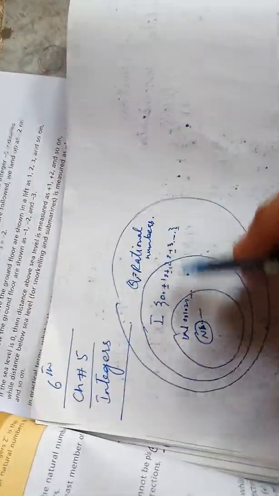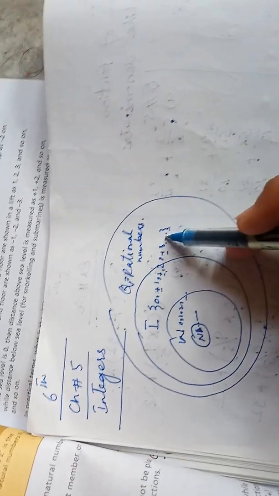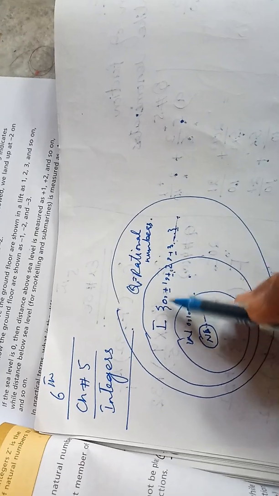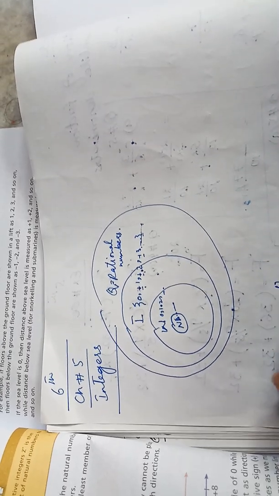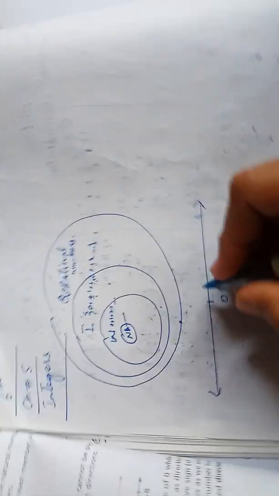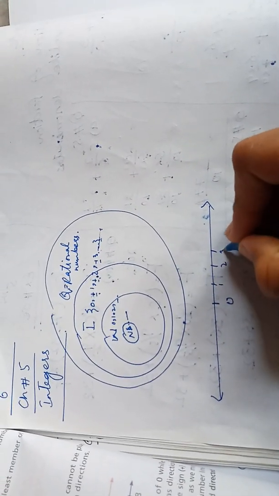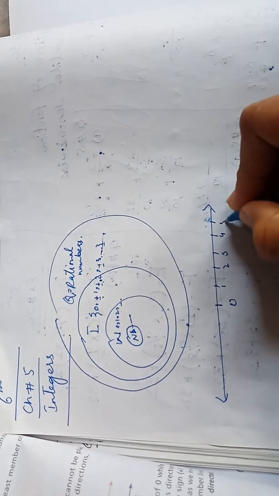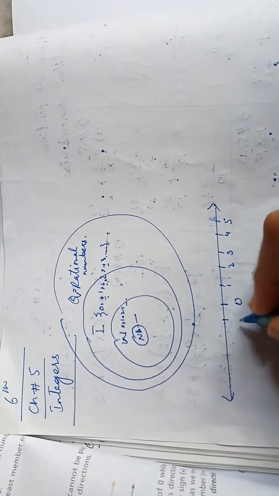So integers are the infinite series of numbers, including both positive and negative numbers. On the number line, there is 0 in the center. Here is 1, 2, 3, 4, 5, and the arrow shows that it is going upwards and so on.